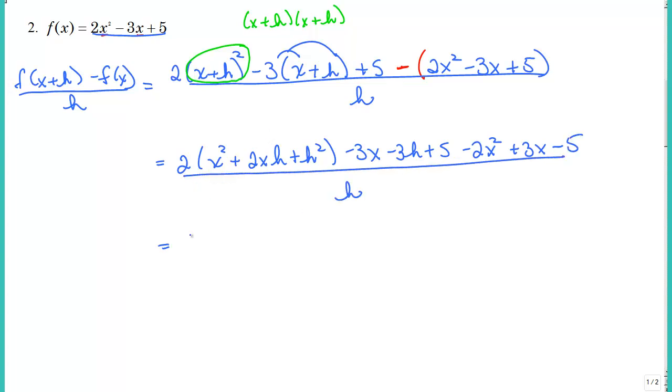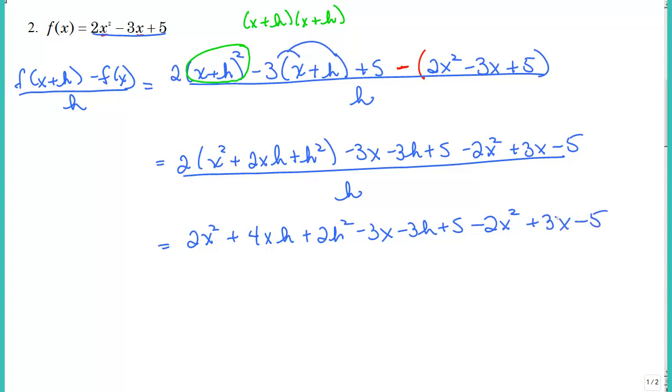Next step is to distribute that 2, and here's where some terms should add to 0. That's 0, 0, 0, and let's see what I've got left.